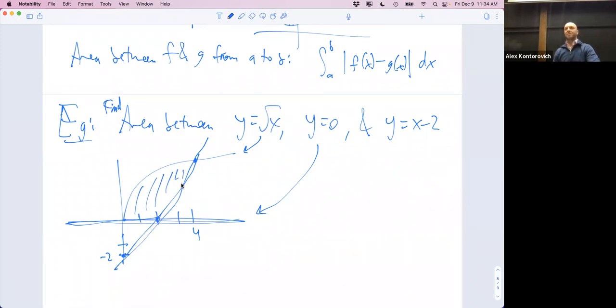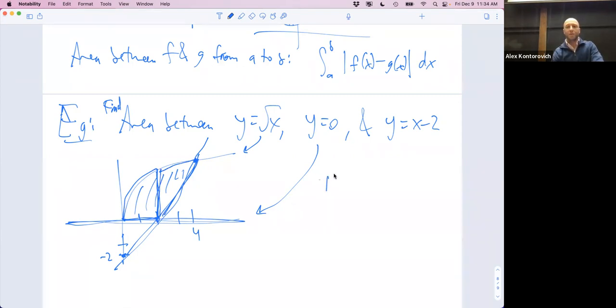You see that? So there are two things you could do. You could chop it into two pieces and compute this area, which has one lower bound and upper bound, plus this area, which has a different lower bound, same upper bound. Okay, you see how you can do that?